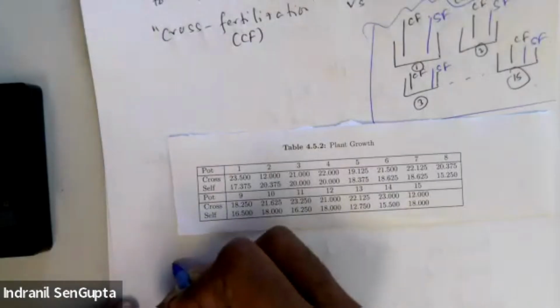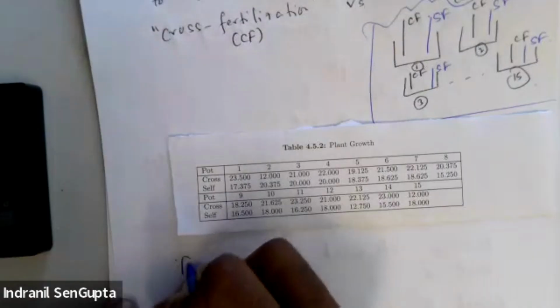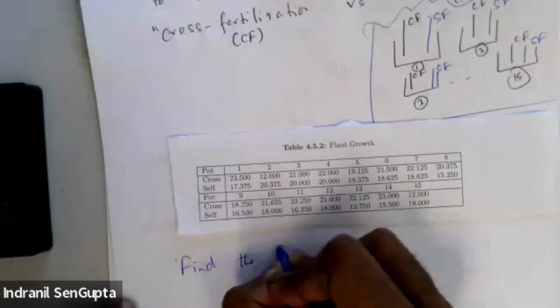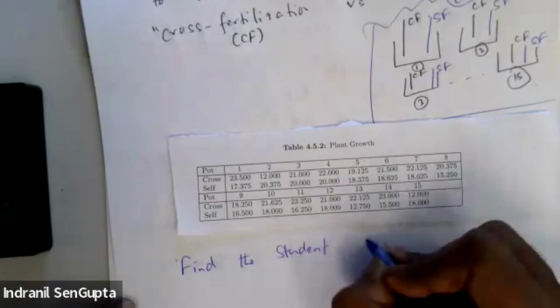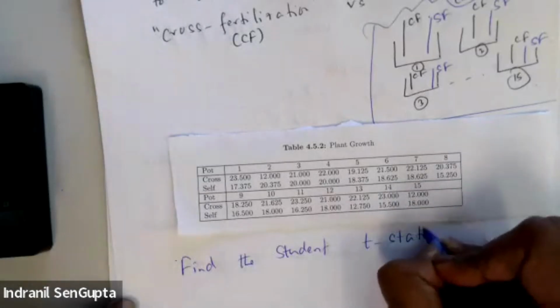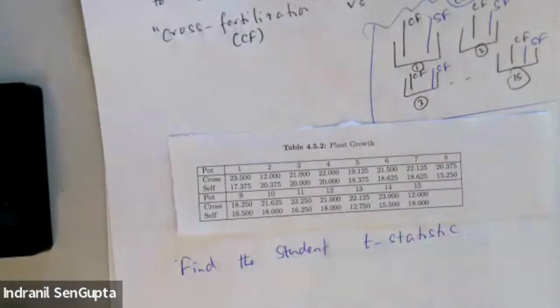First of all, we find the student T statistic in this case. We are given a set of data, and we are trying to verify the student T statistic. By the way, I forgot to mention the null hypothesis and alternative hypothesis.